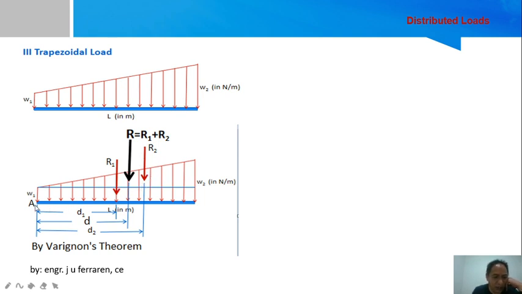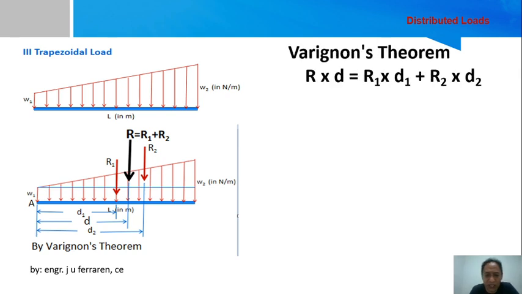Distances, if I'm going to use A as my reference, this is my D1, this is my D, and this is my D2. Then, to look at my R, I have to use the moment principle or Varignon's theorem. So, the moment produced by your R is obtained by multiplying R with D.